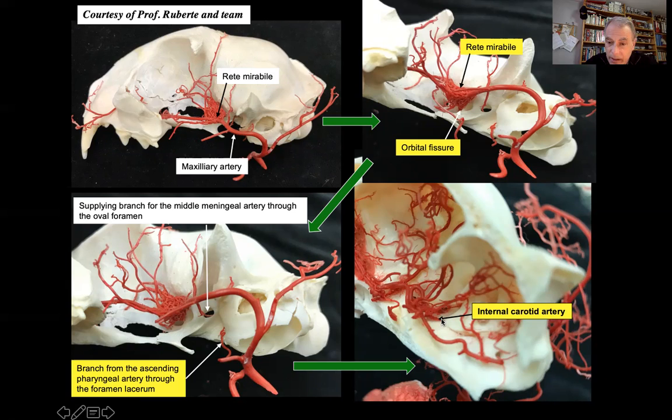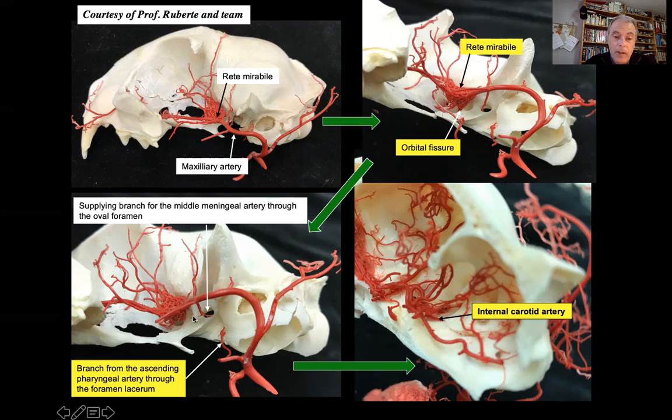As you see here, this is the basilar artery, right? And then you have the internal carotid artery that has formed here from the ascending pharyngeal artery that enters the carotid foramen. And it forms the internal carotid artery that receives branches from the rete mirabile through the orbital fissure.